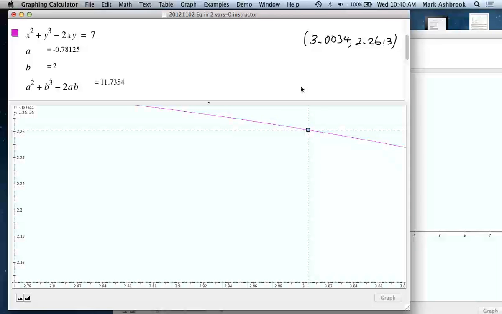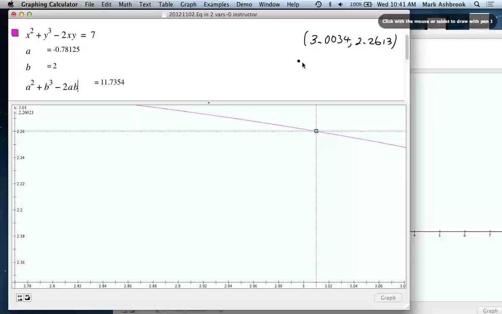Okay, and then what can I do? So we're going to invoke a little change in x. I can make numbers nice. Here is 3.01 and 2.2602.